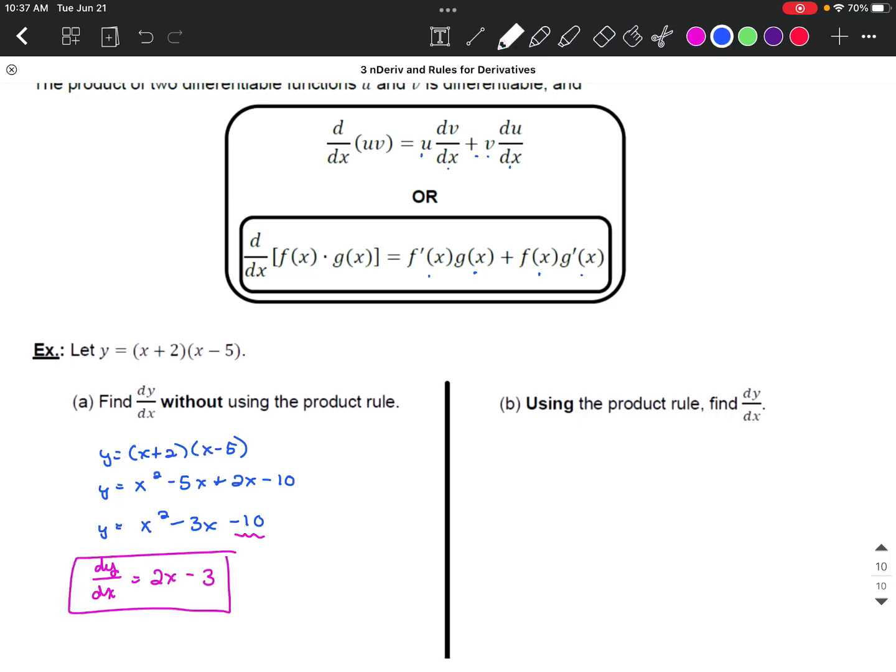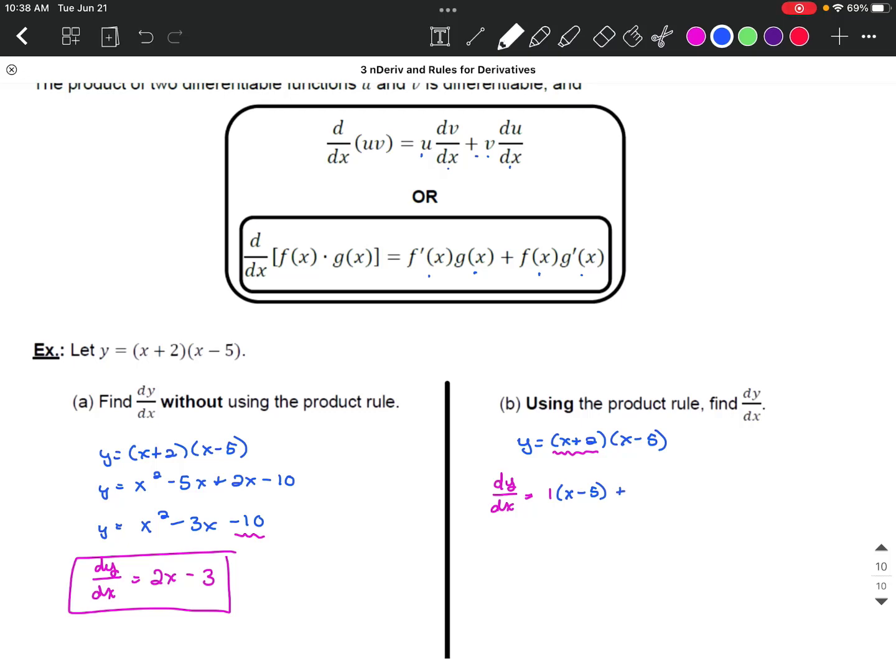Now, we're going to take this same function, and we're going to use the product rule. So the product rule says the derivative of y is dy dx, and we do the derivative of the first. The derivative of x is 1, and we keep the second part, x minus 5.